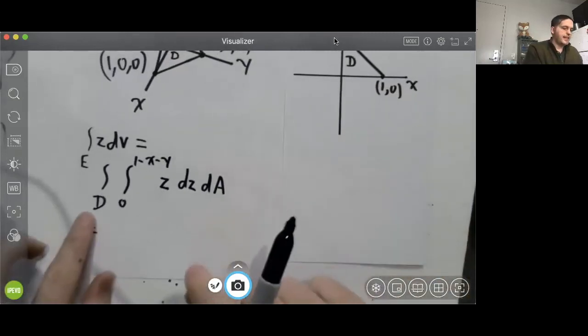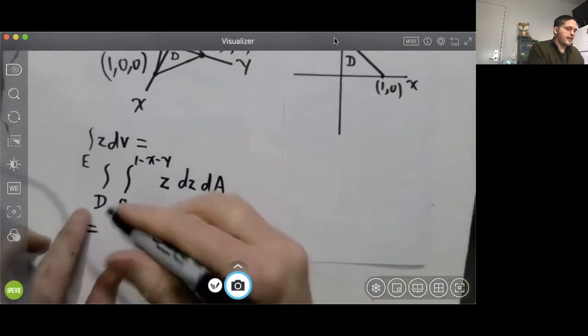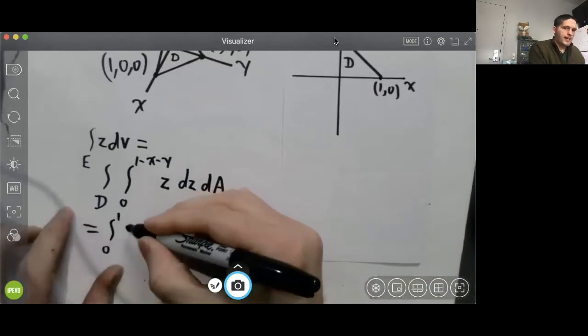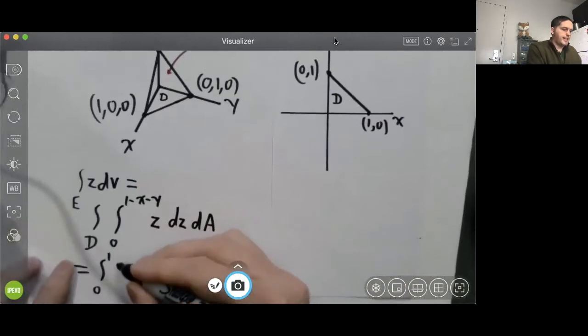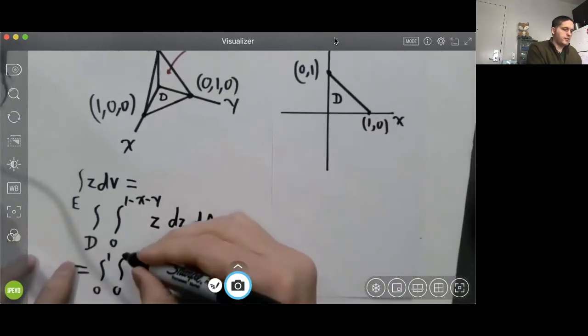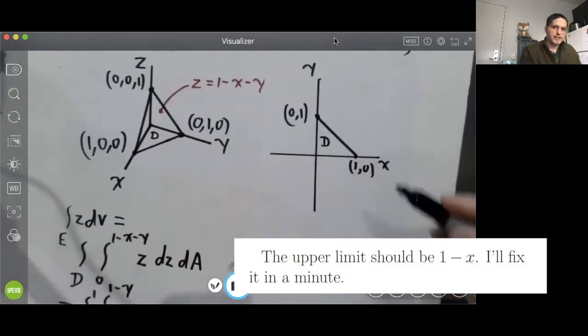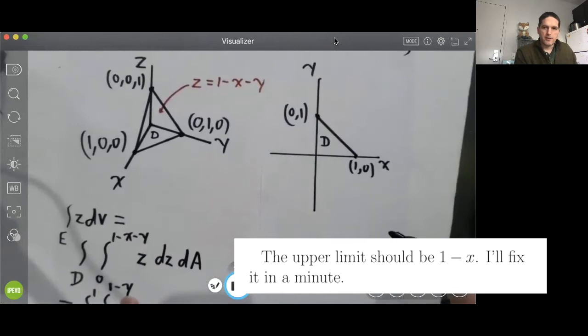So this integral over the region D, we can write as the integral from 0 to 1, and then the integral from 0 to 1 minus x. So is this clear? Why is the upper limit 1 minus x?